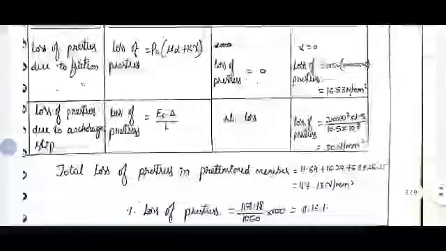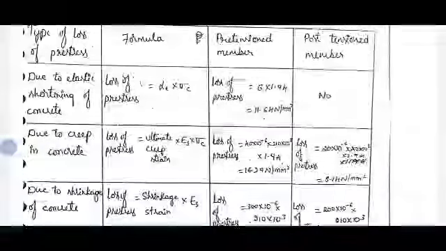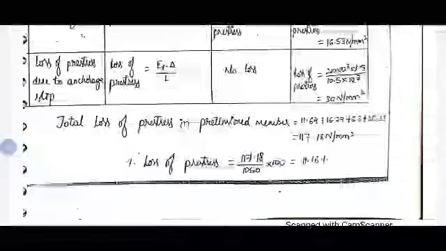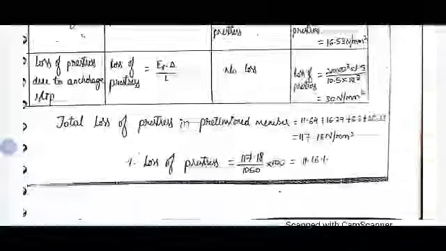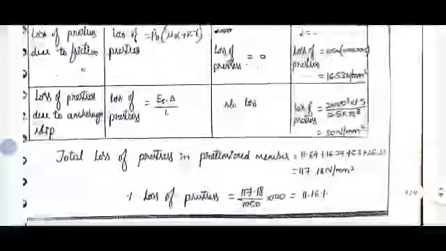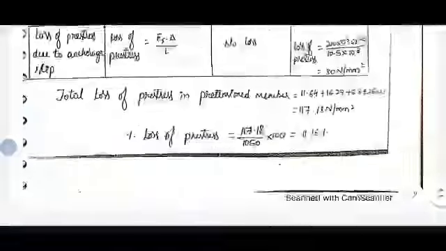So add the losses in the third column, that is under pre-tension member. 11.64 plus 16.29 plus 63 plus 26.25, we will get 117.18 Newton per mm square. So if you take the percentage of those, we will get 11.16%.